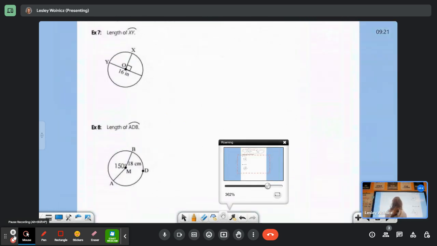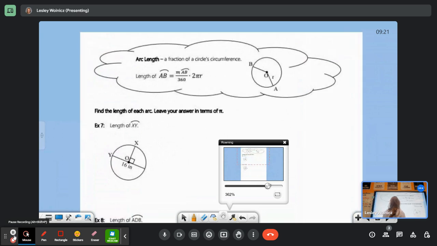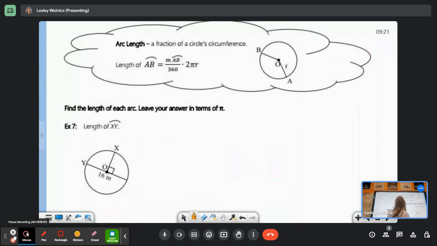All right, guys, this is really easy. This formula looks crazy, but it's actually really simple. We know how to find arc measures. Arc measures are in degrees. They match the central angle for that corresponding arc. Arc length is part of the circumference.